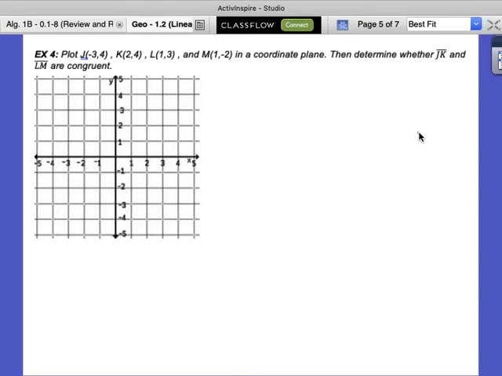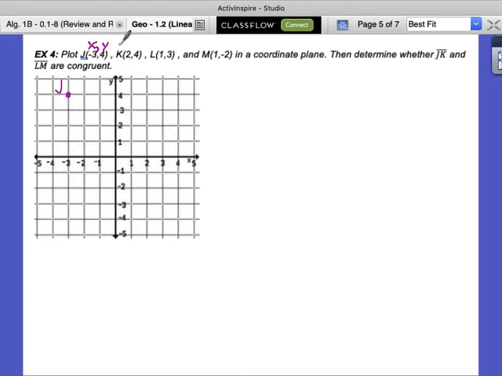Okay? So can somebody help me plot point J? Where do I go from the origin? Schroeder. You go 3 to the left, and then up 4. Okay? So remember it's x comma y. So left and right first, and then up and down, okay?